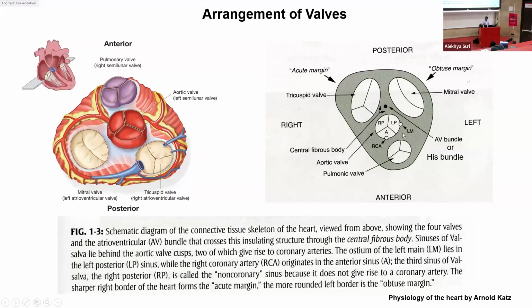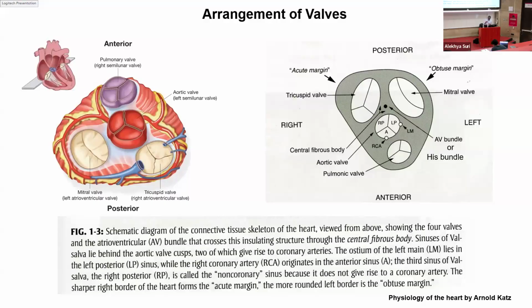The passing of the signals from atria to the ventricle is prevented by the central fibrous body. However, in the central fibrous body, you will see a place called the AV bundle, or His bundle, or atrioventricular bundle. This is a fibrous, nervous ending.